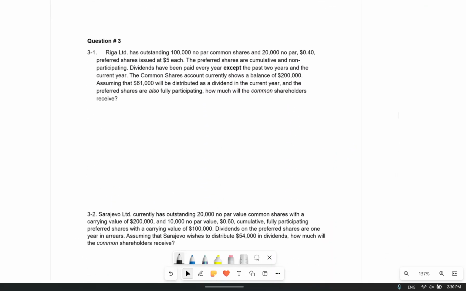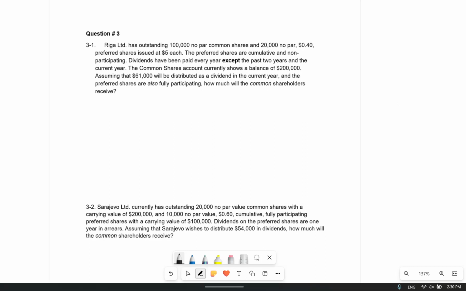Going further, this was a multiple choice question, and I converted it into a normal question. What they are asking you to do, this is chapter 15, is to distribute the dividend.